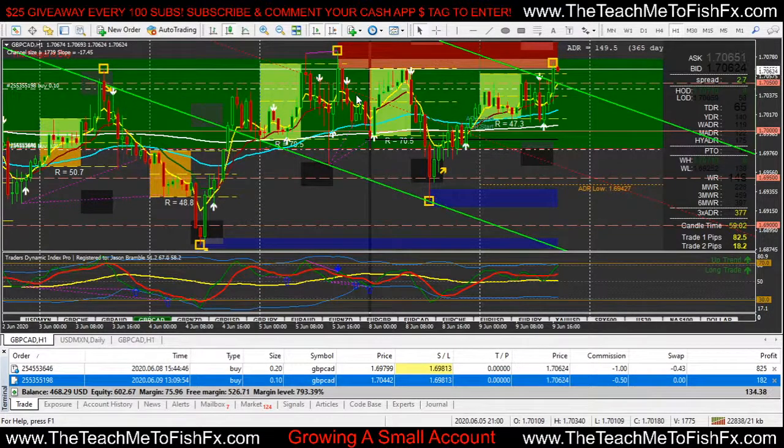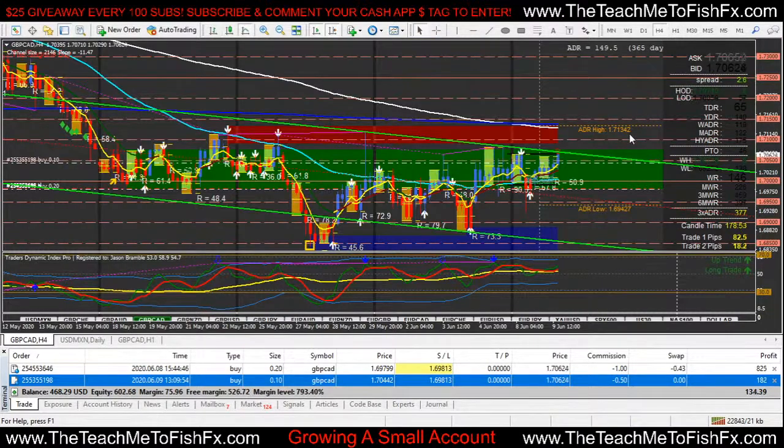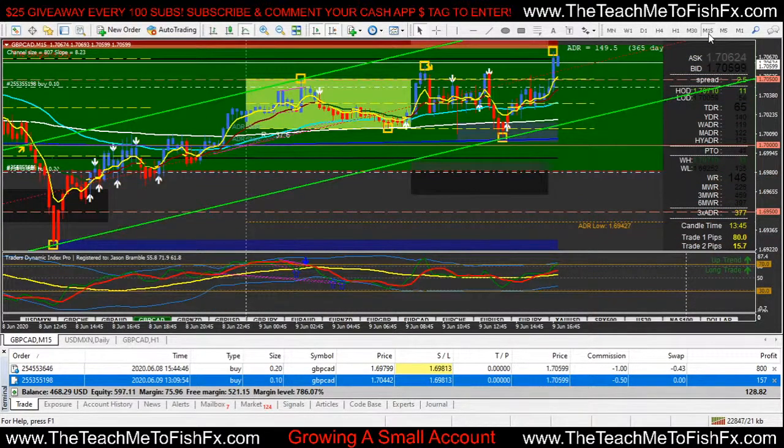But before I get out of a trade, when the exhaustion square pops up, I scale up to the higher time frame. This is if you're trading from a lower time frame.